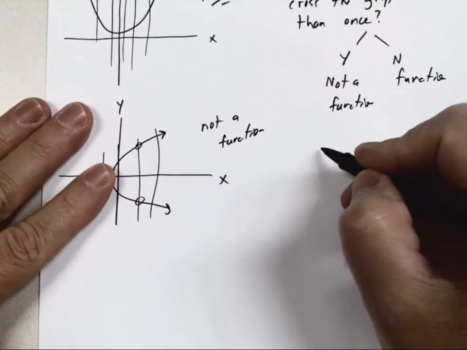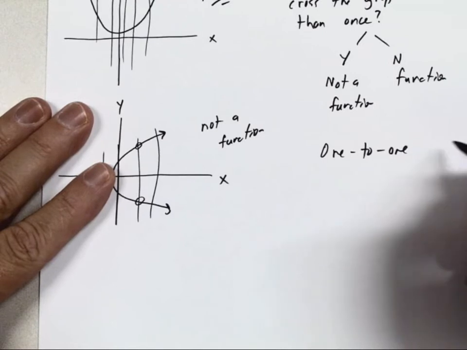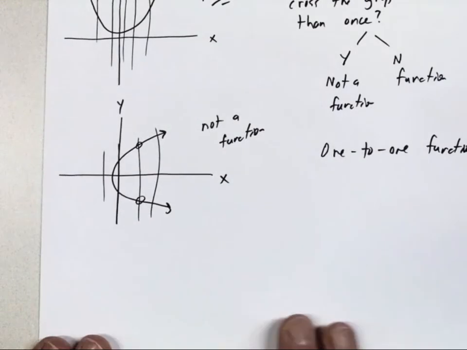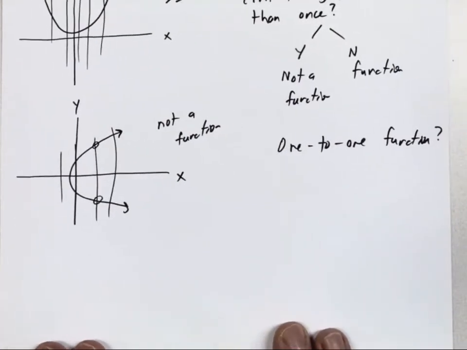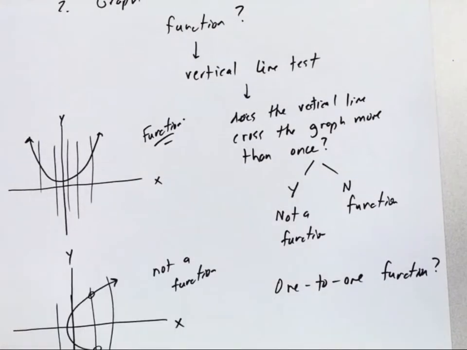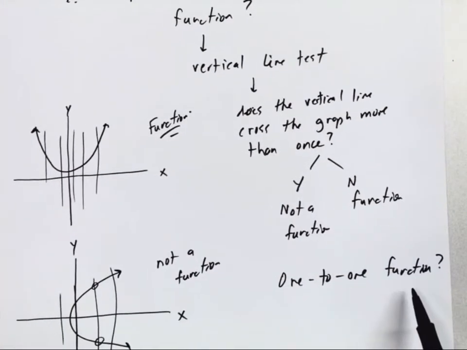Let's go to the next step. Maybe you've got a function and they say, okay, but is it a one-to-one function? So, for instance, this right here. We've determined it's a function. Now they're saying, is it a one-to-one function?